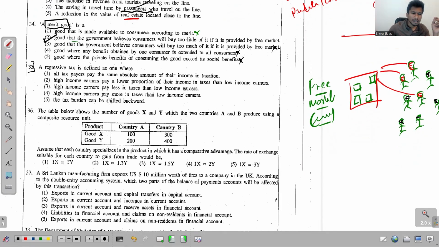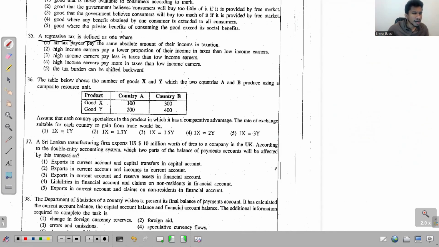Right, look at this question 35 now. It says a regressive tax is defined as one where, all right, so once again, let me just revise these three types of tax. So on one side, we have progressive tax.